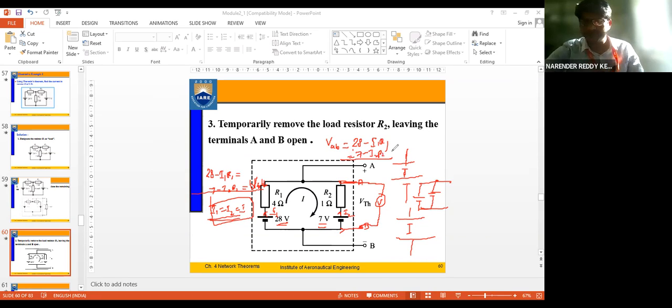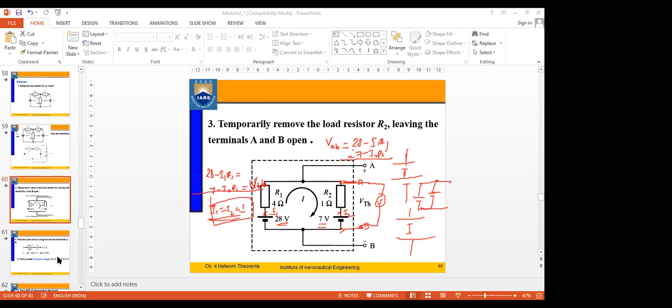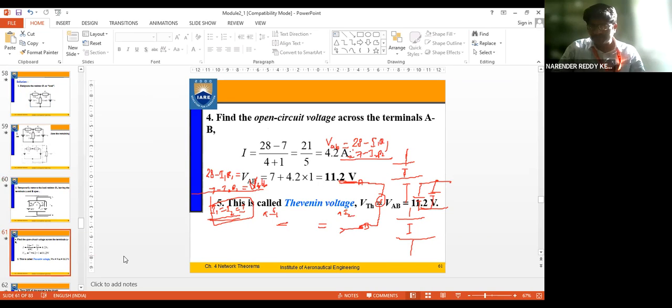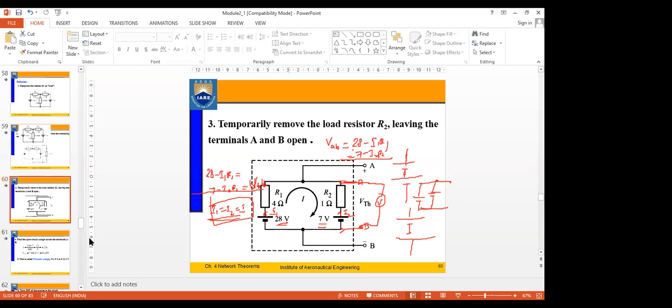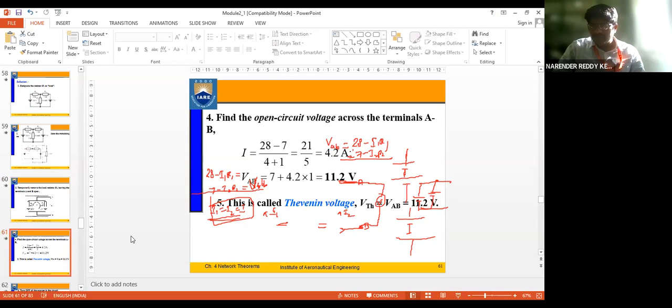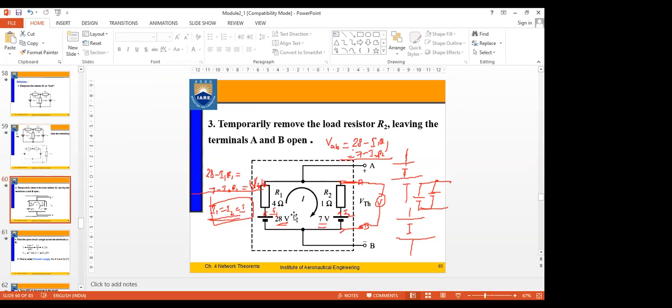That's what I said, right? If we substitute I1 equal to I2 in the equation 28 minus 4I equal to 7 minus I, we'll get I1 equal to 7 amperes. Therefore, I2 is equal to 7 amperes.